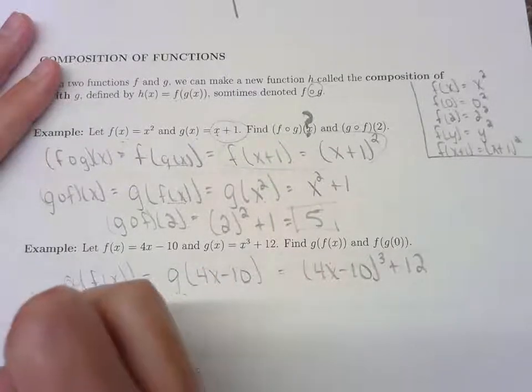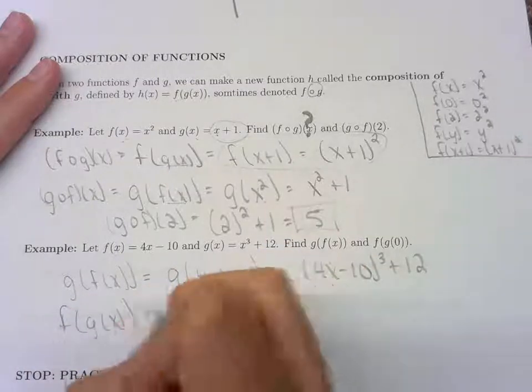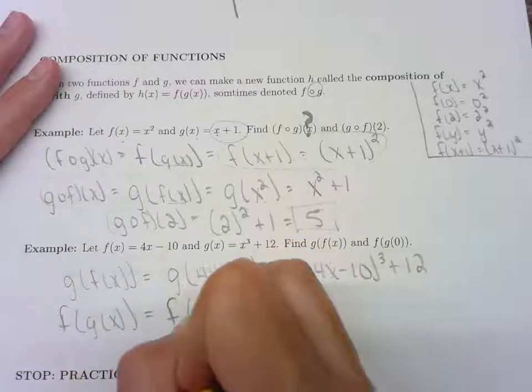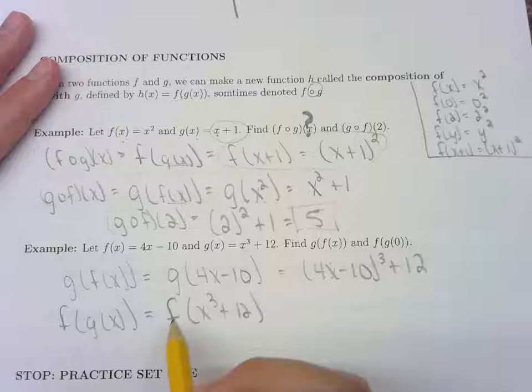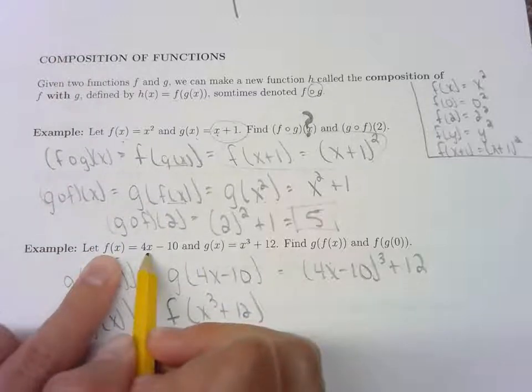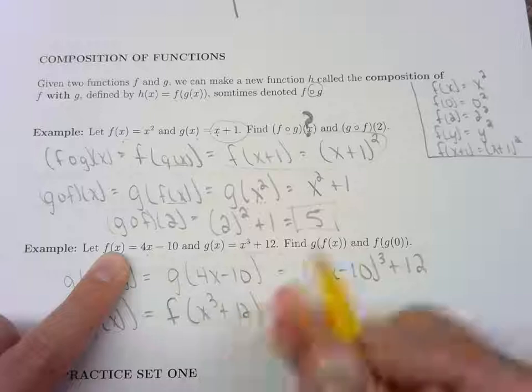Now we want to do f of g of 0. We'll start with f of g of x first. So start with the inside, f of, we're copying g here, which is x cubed plus 12. Now we're doing f of some input. If we were to input 0, it would be 4 times 0 minus 10. If we were to input y, it would be 4 times y minus 10. But we're inputting x cubed plus 12.